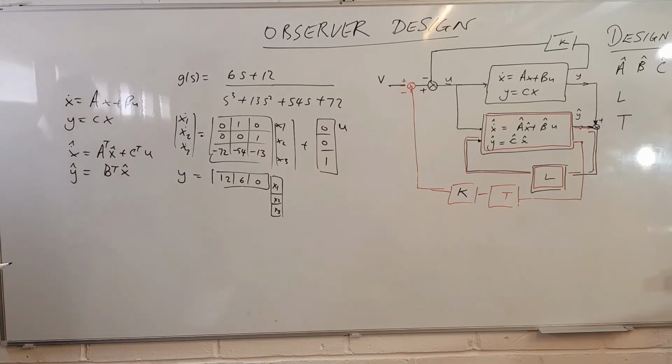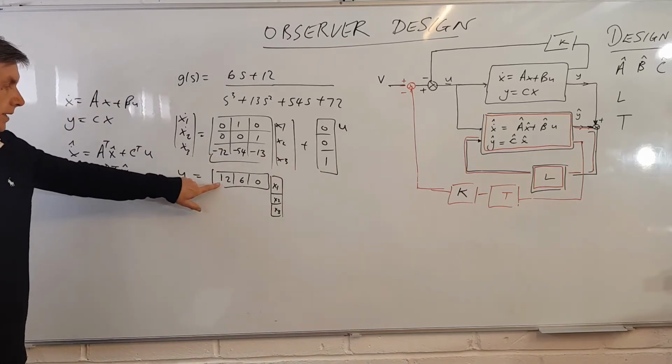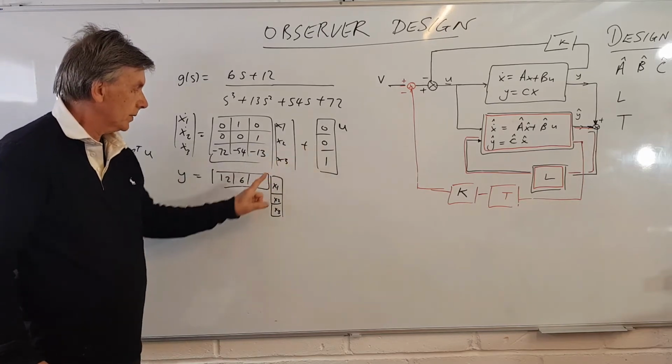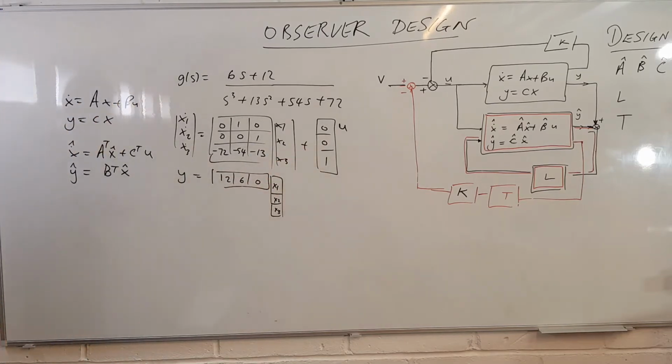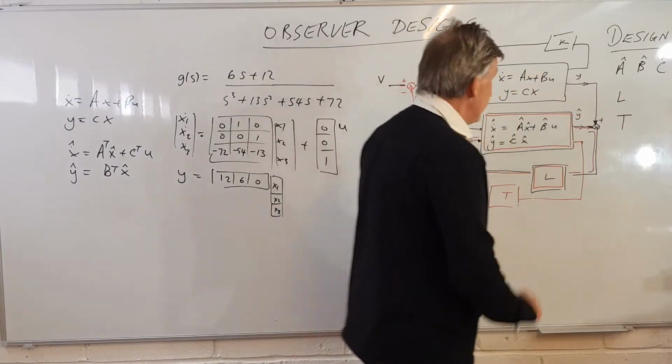So this is our observer design here, and we get this quite quickly from these three matrices. We just transpose this one, put it there, transpose this one, put it there. So that's going to give us the first part of our design, A, B and C.